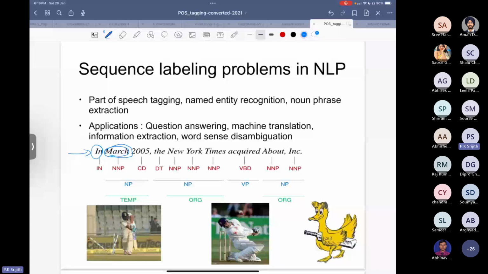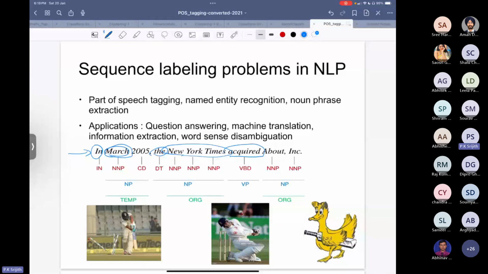And if you look at New York Times, that's also a proper noun. The is a determiner. Occurred is a verb. So these different words are assigned different part of speech tags.